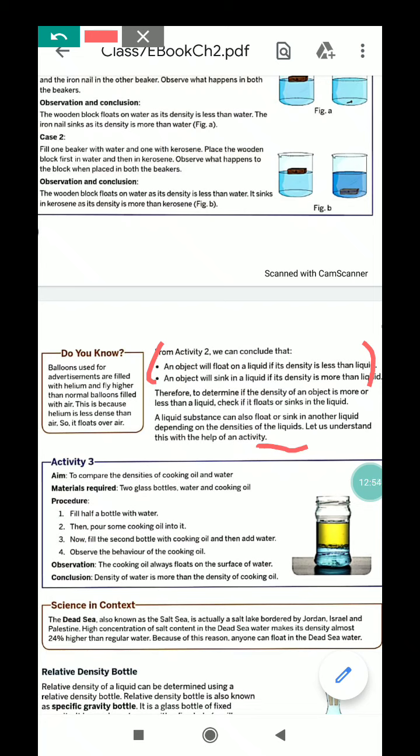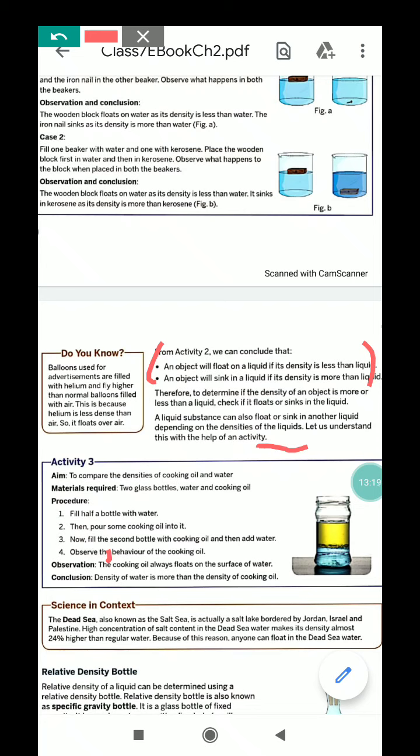Let us take an example of a stone or an iron. The density of iron is more than the density of water. That is why the iron sinks in water. Therefore, to determine if the density of an object is more or less than a liquid, check if it floats or sinks in the liquid.